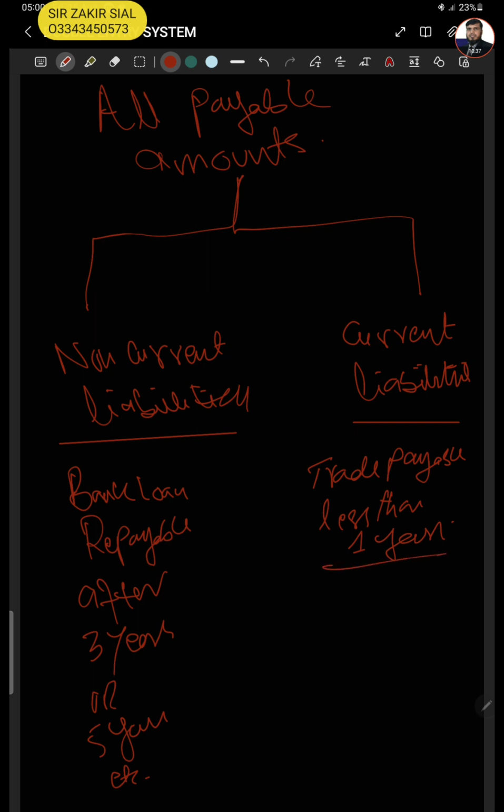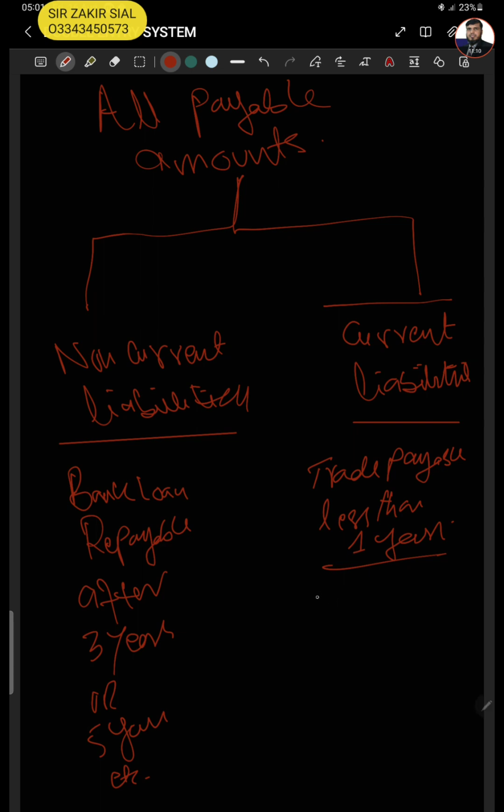For example, we purchase some goods, or we bought any machinery or furniture or office equipment, and we promise to pay within a year, like 3 months, 2 months, 5 months, 6 months. So these liabilities are current liabilities. These amounts are payable, but due within a year in the near future.